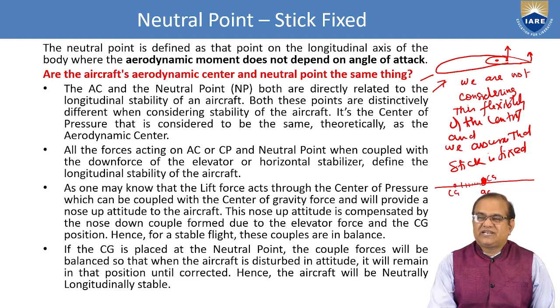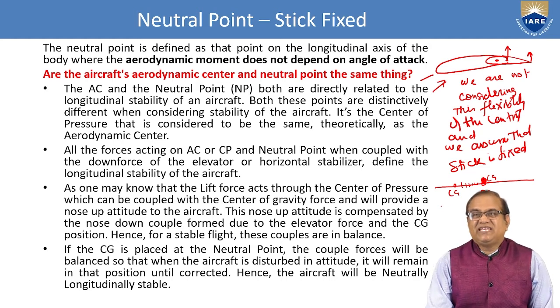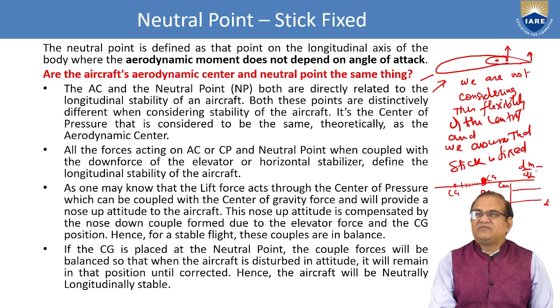So this position, when the CG is on top of the AC or both are coinciding, that time there will not be any effect of the angle of attack, and if you plot the Cm versus alpha, moment will be constant, that is dCm by d alpha will be 0.